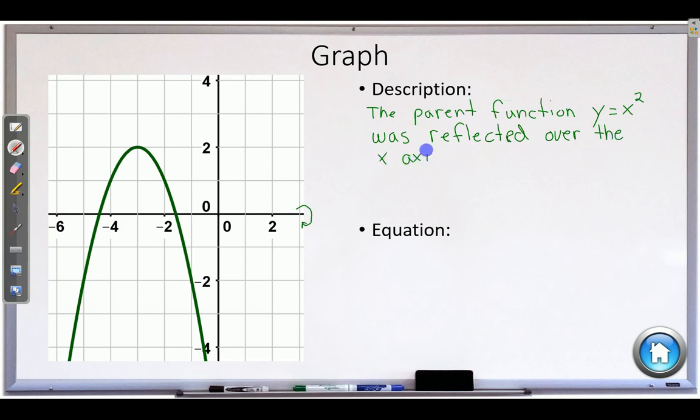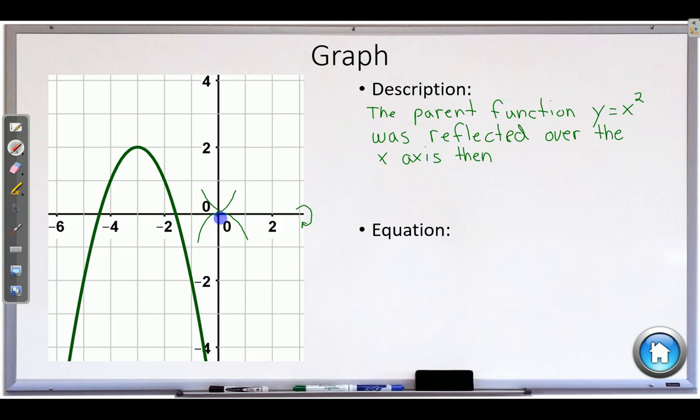Now, what else happened? Then, so that would take my parabola that was facing up, and if we reflect it over the x-axis, it would be facing down. But it's not over here, it's over here. So then it was translated 1, 2, 3 to the left, and then up 2.